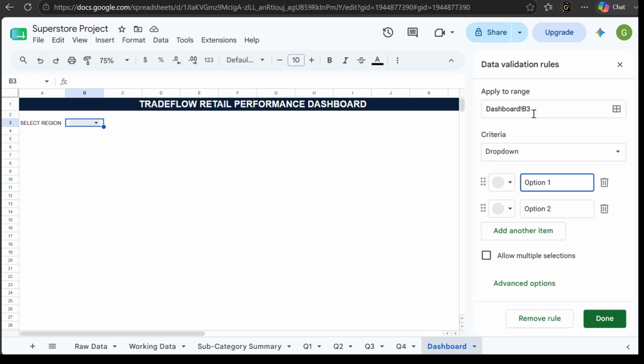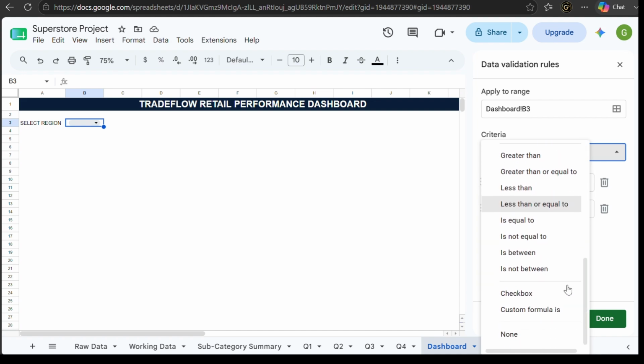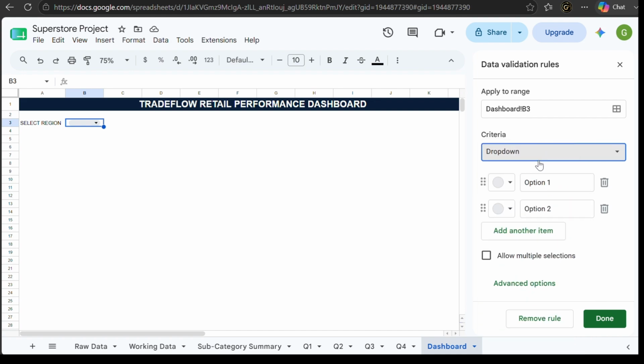Then I'm going to change my different options. So already this is a drop down from a list of items. So I'm just going to type the various regions I have. The regions, I'll start by saying all regions.